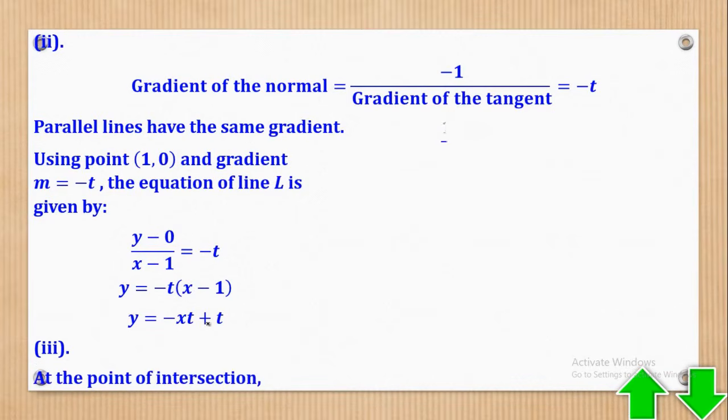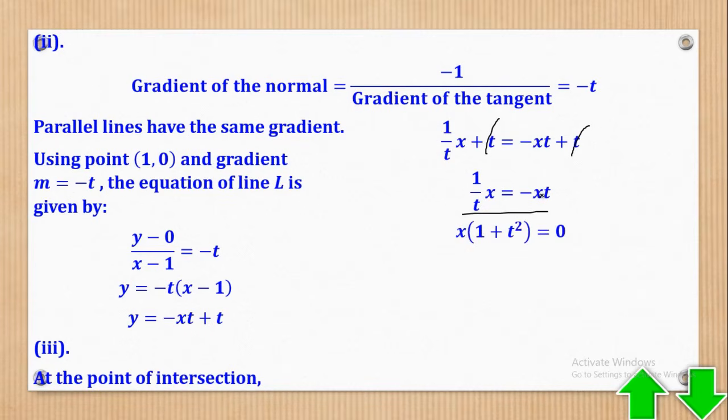At the point of intersection, these two are equal. Then when you realize this and this cancels, you remain with this, and therefore take this one this side. Most students, I think you realize that here, if you just cancel this, then the solution will be vague. So take everything on one side and factorize.